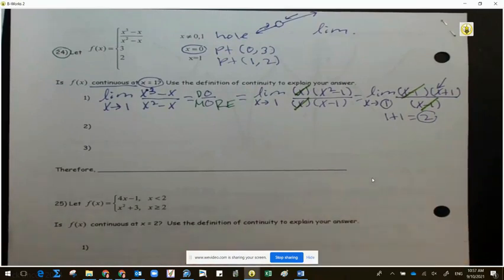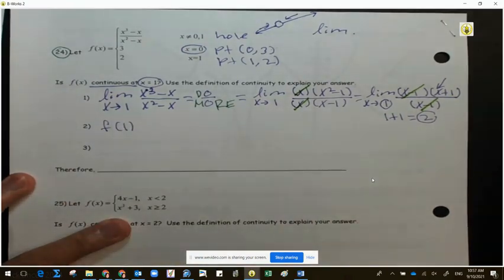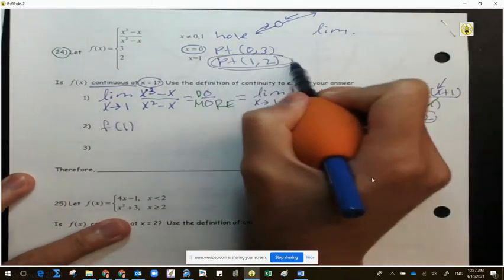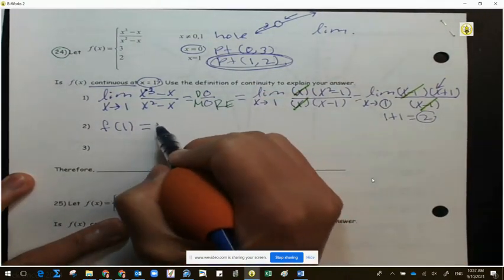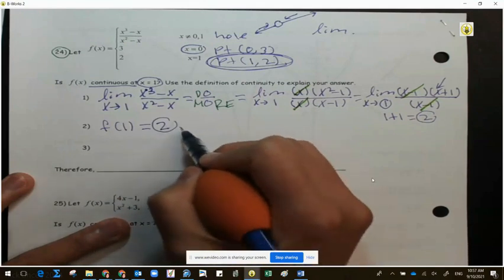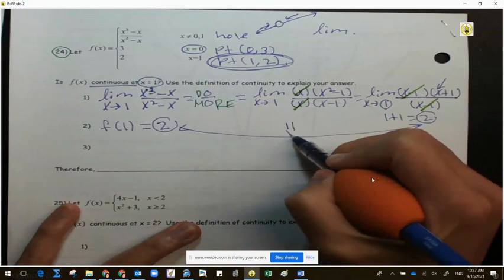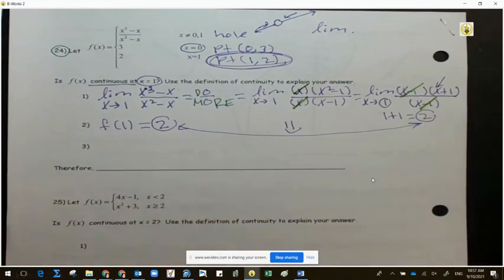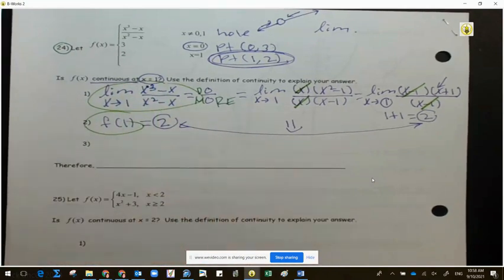So our second one says, does the point exist? So let's write out f of 1. Didn't we have f of 1 right here? Where is f of 1 going to? 2? So are we agreeing with the limit and the point? So now I'm going to write out the following, and I'm going to circle the piece that we need. I think I'm going to do this one with f of x and that guy right here.